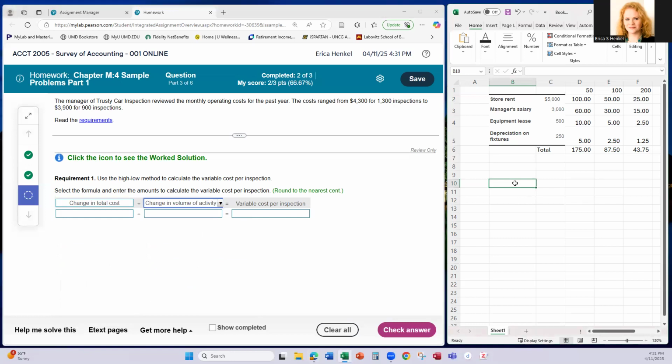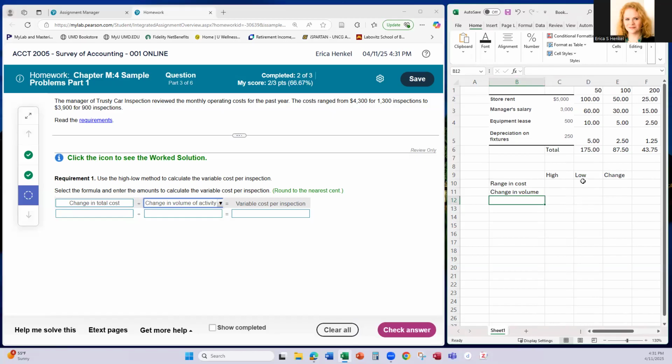So if we have a range here, I'm going to put the range here, high and low, and the change in cost. So we're going to take the difference in cost between our highest and our lowest value, and divide it by the difference in volume, or number of inspections, at our highest and lowest volume.